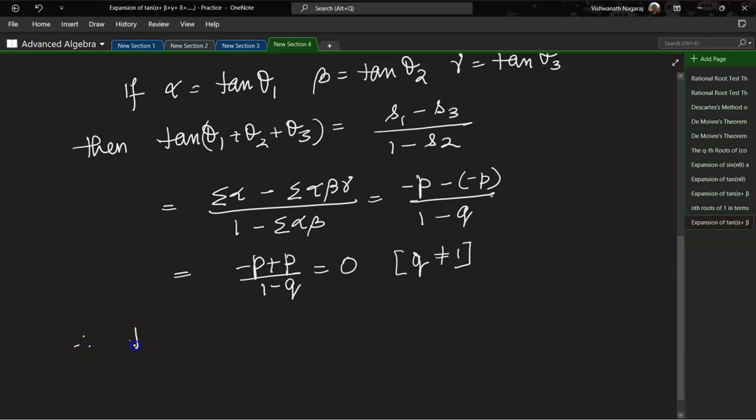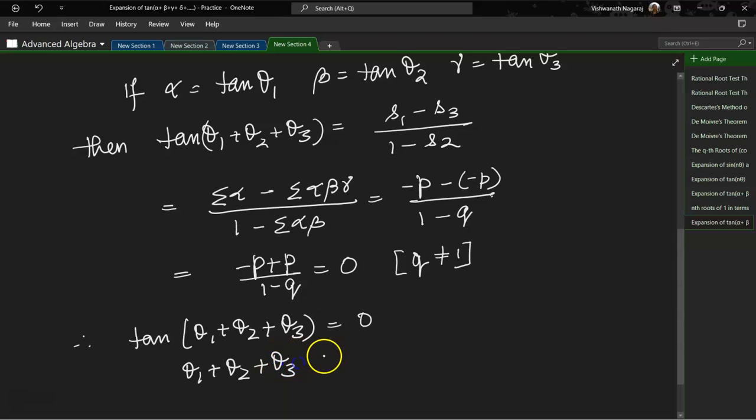So therefore tan of theta 1 plus theta 2 plus theta 3 is equal to 0, which means theta 1 plus theta 2 plus theta 3 is equal to, when will tan of this become 0? Tan is 0 when it is pi. That means all multiples of pi will also be 0. And we have to carry this exception, q not equal to 1.